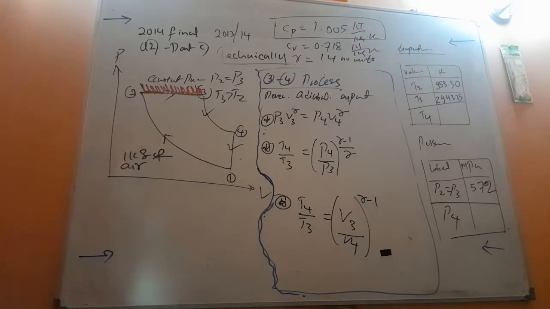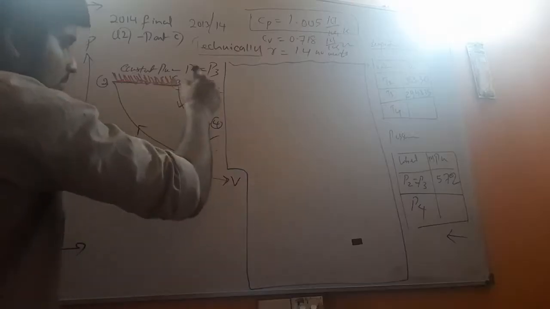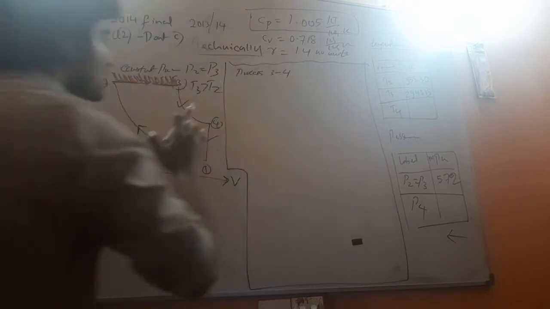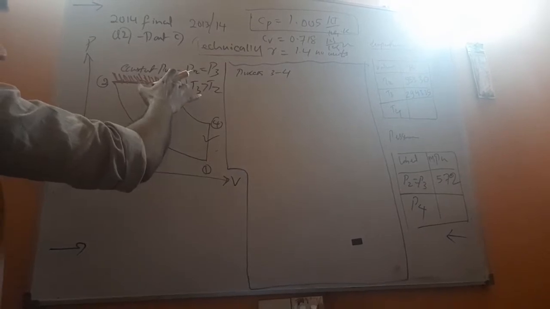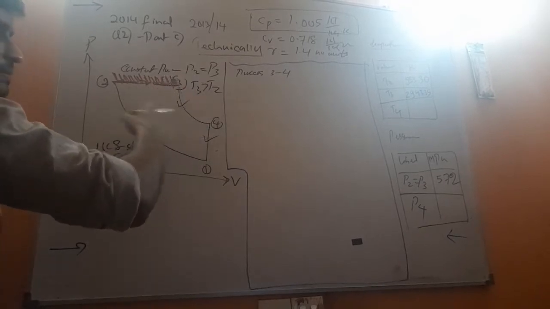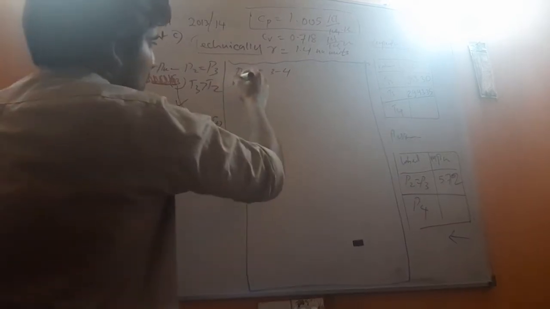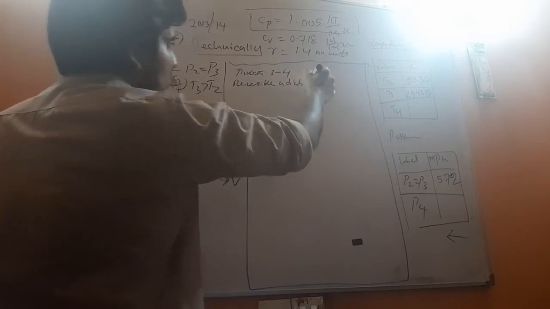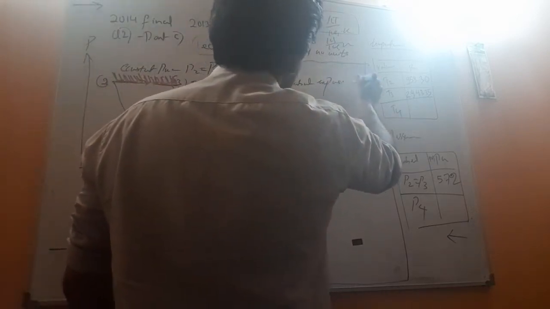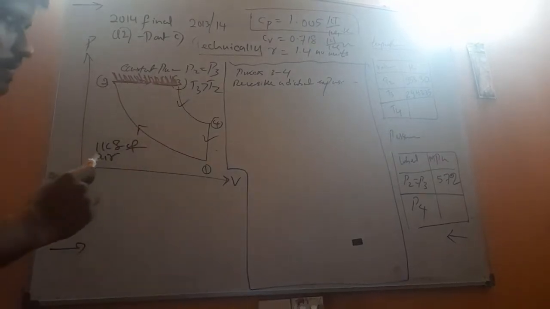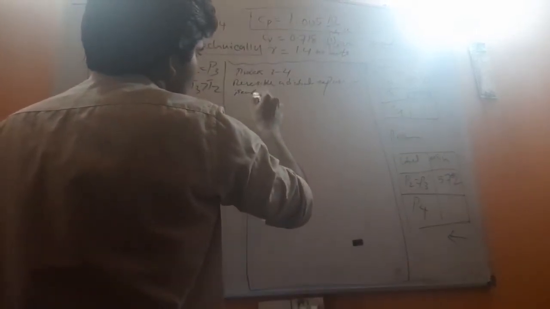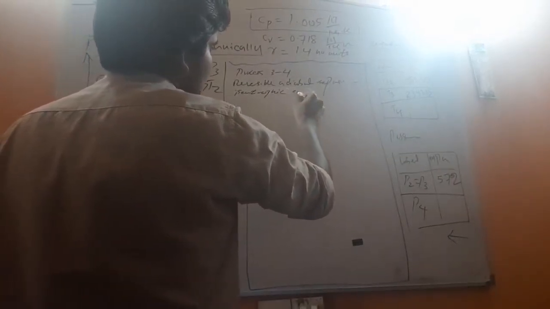So let's go one by one. We know process 3 to 4 is a reversible adiabatic expansion, or in other words, an isentropic expansion.